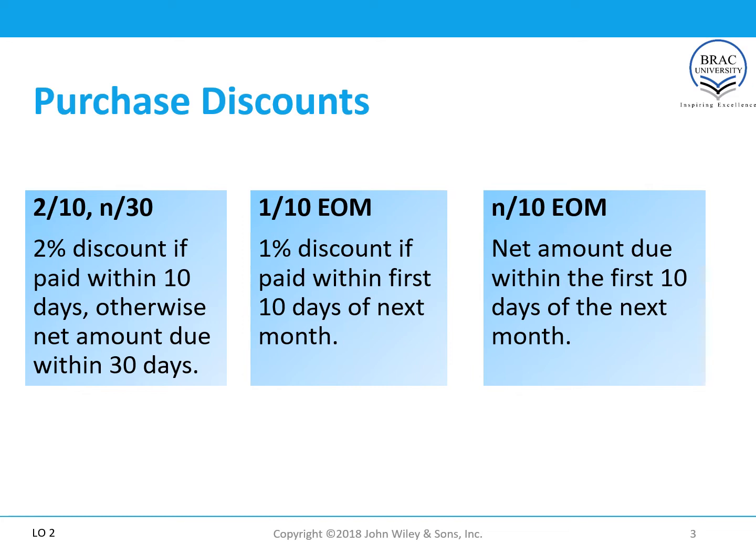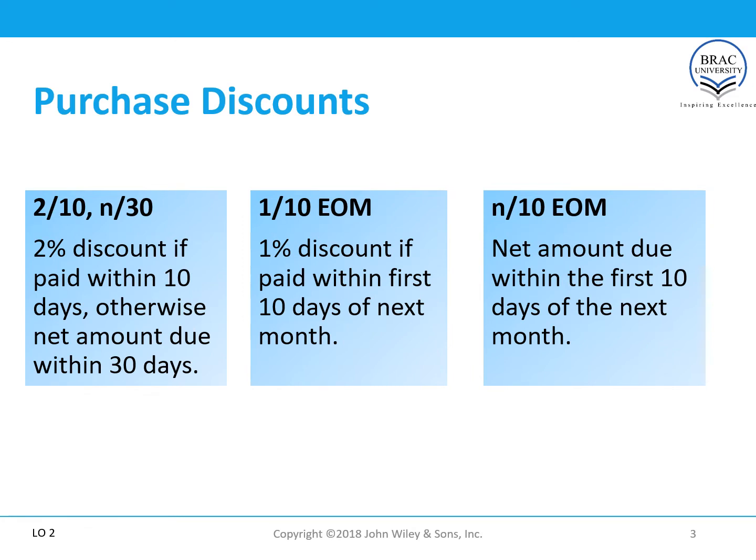According to this credit term, a 1% discount is available if the amount is paid by July 10th. Since the purchase was made on June 15th, the credit term says within the first 10 days of the next month. Here the next month is July, so it must be paid by July 10th in order to get the 1% discount.